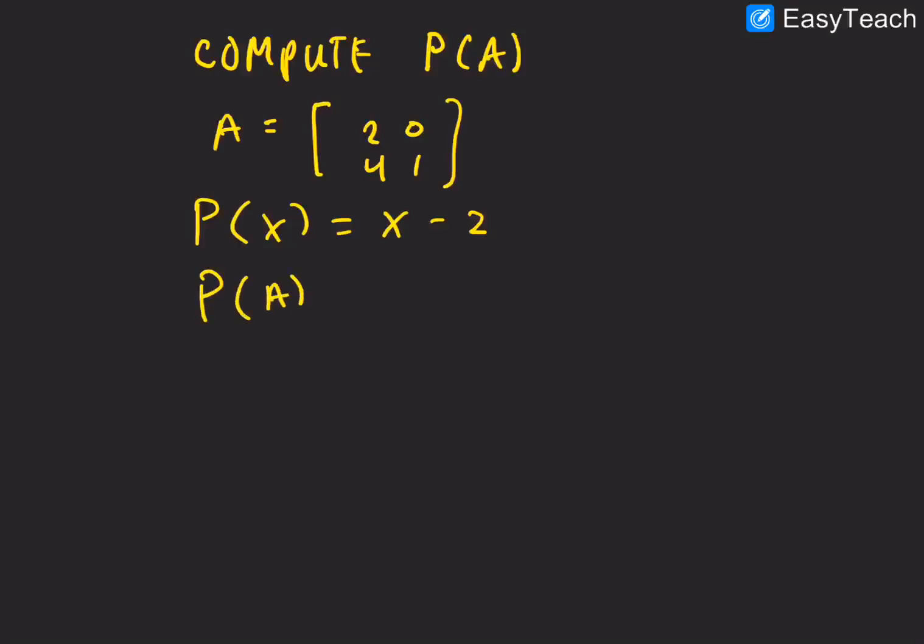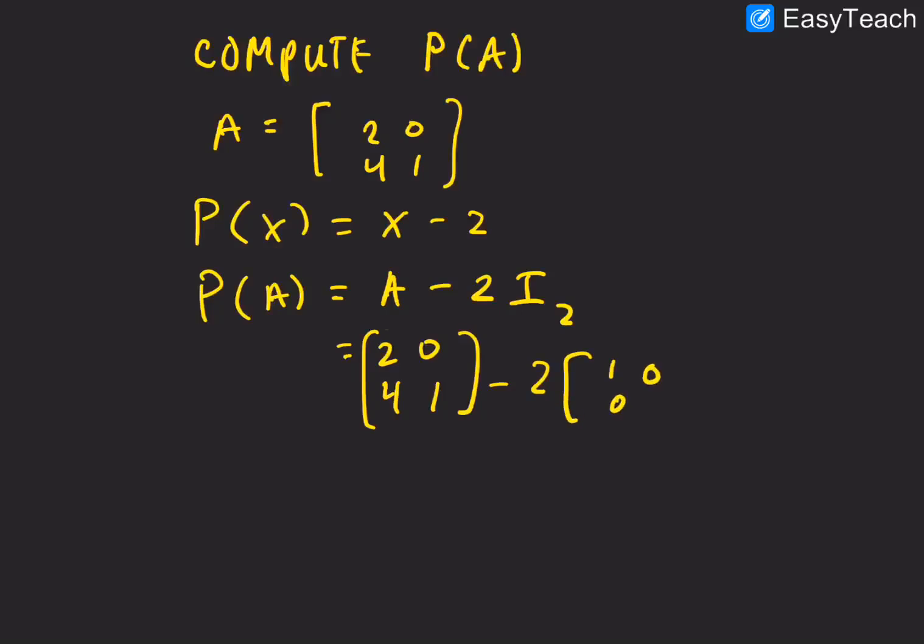So P of A is going to equal A minus 2 I sub 2. So that's 2, 0, 4, 1 minus 2 times 1, 0, 0, 1. And your P of A will equal 0, 0, 4, negative 1.